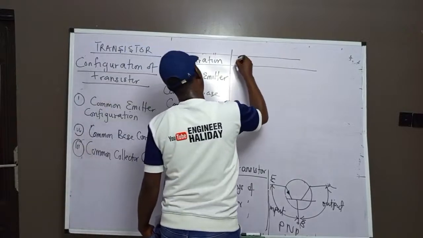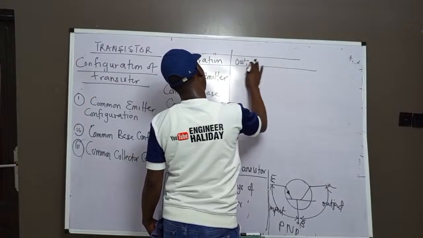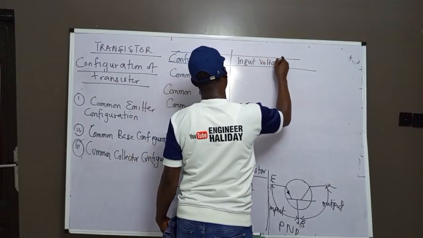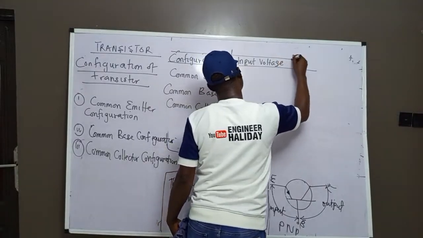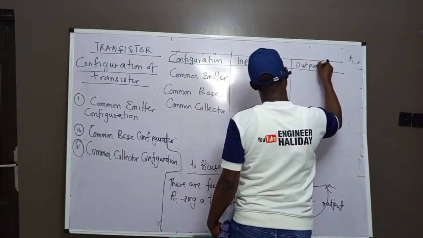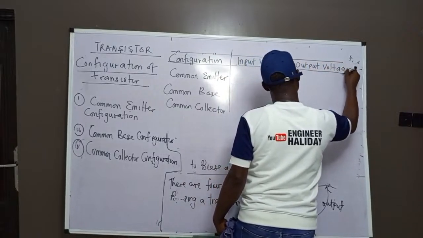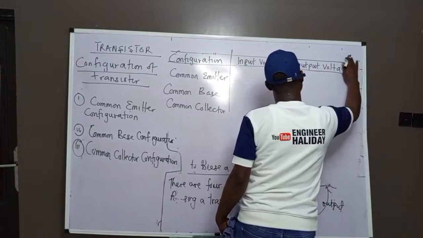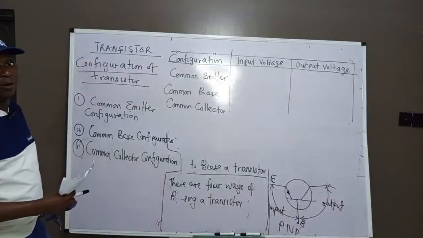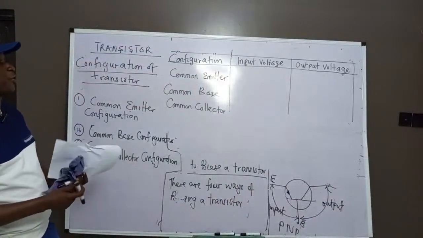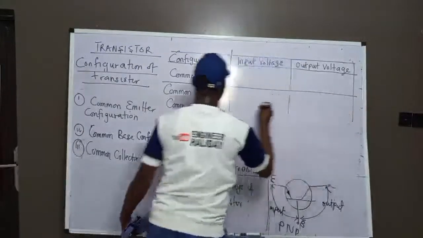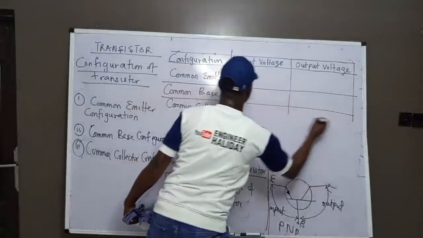Now, the input voltage is applied between one terminal and another terminal. Then what is the output voltage? These are the three configurations I want to talk about. In the exam, they will ask you first, what is the output of this configuration?